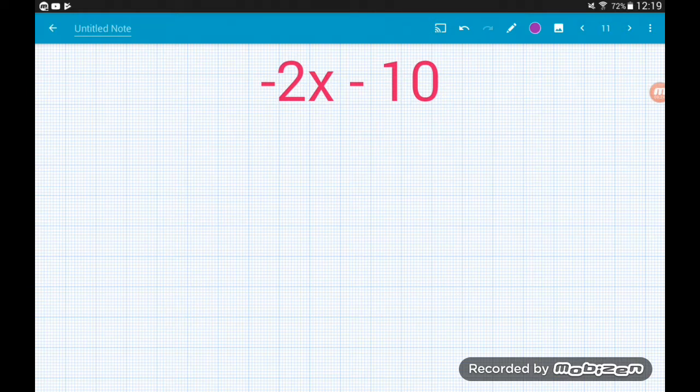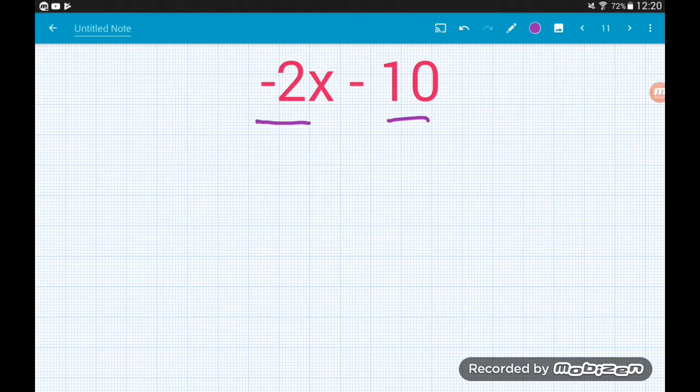Okay, minus 2x minus 10. So we're back to having a numeric factor. This time though, it's negative. So the biggest common factor between minus 2x and minus 10 is minus 2. Minus 2 goes into minus 2, and minus 2 goes into minus 10.